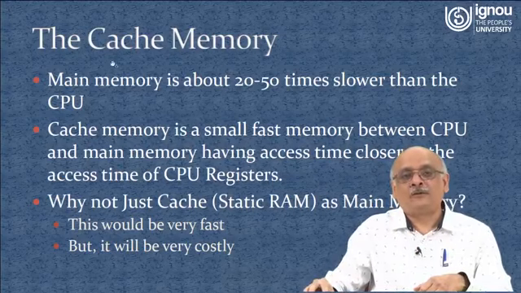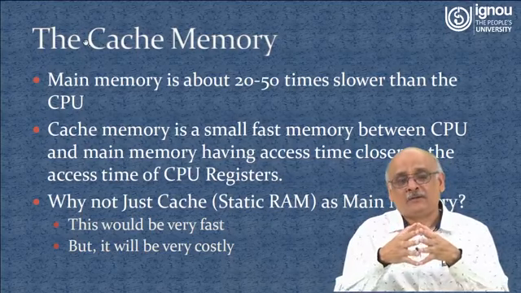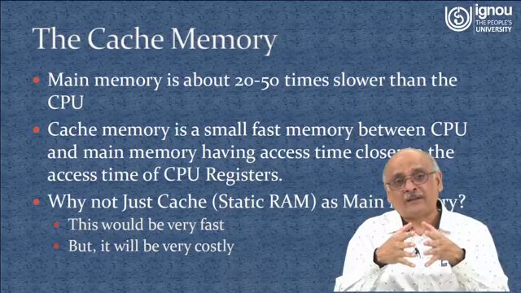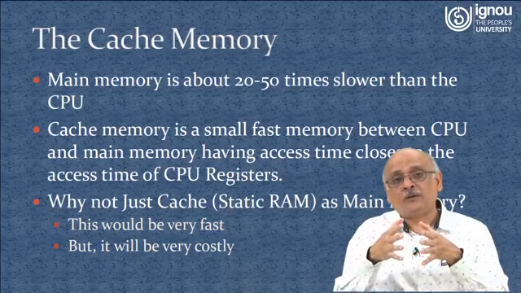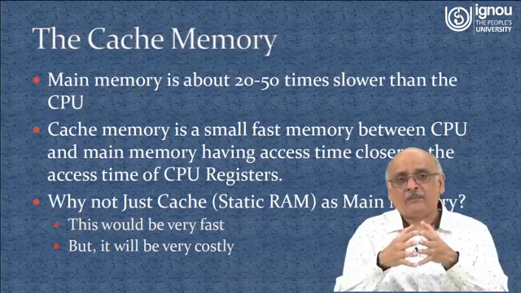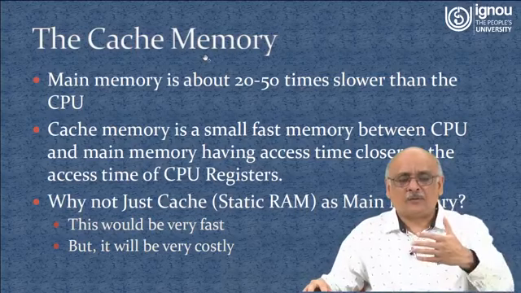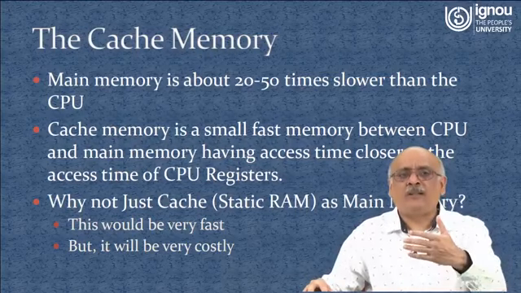So let's move on to the next step. We have talked about the DRAM chip and the SRAM chip. Now let's move on to the cache memory. Cache is primarily SRAM, but cache has now become one of the de facto kinds of memory in all the processors.